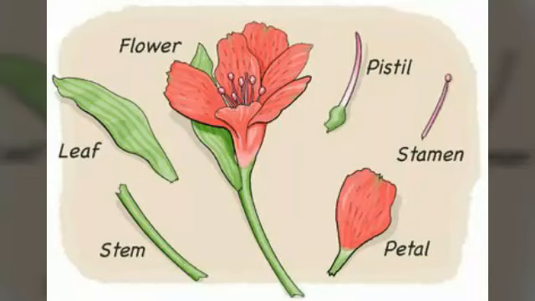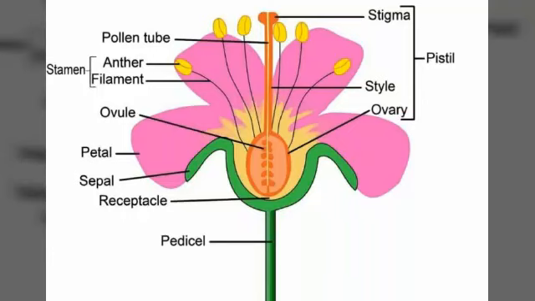So what are the parts of the plant? As you know, there are four parts of the plant: root, stem, leaves and flower. What are the aerial parts of the plant? These are the stem, leaf and the parts of the flower.